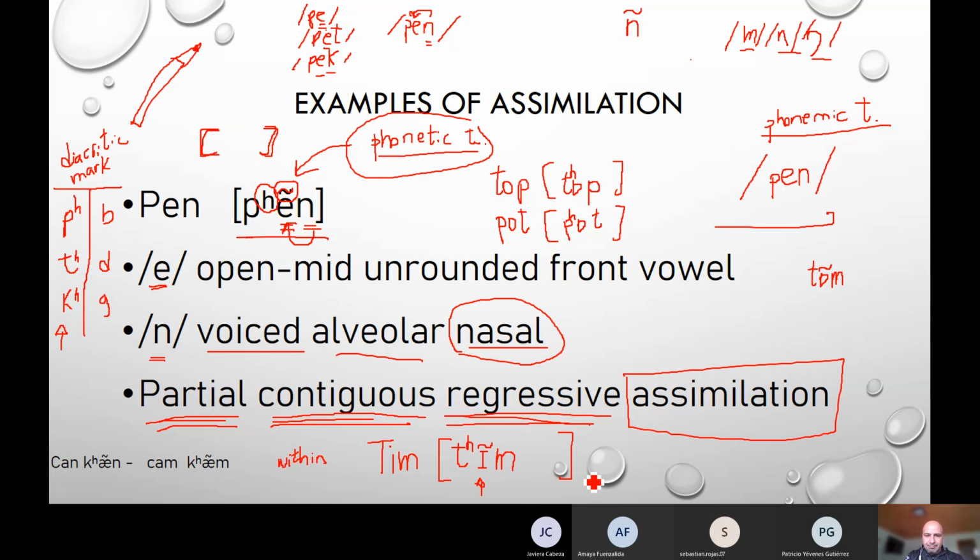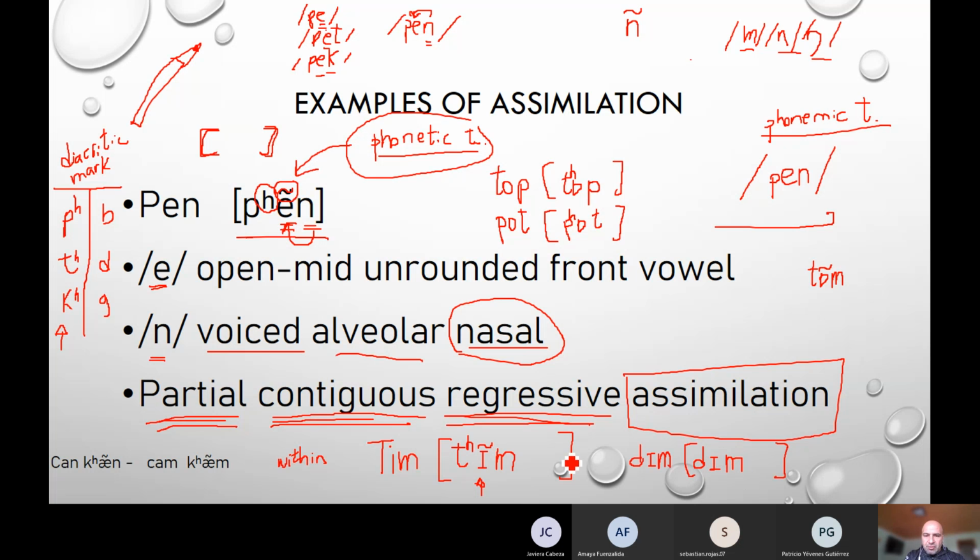For example, in the word dim, if we want to use phonetic transcription again, because we're adding more details, we have the symbol representing the sound D. Then again we have a short I, and again we have a voiced bilabial nasal m.